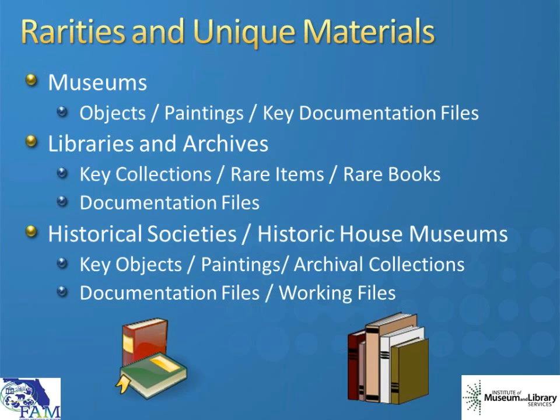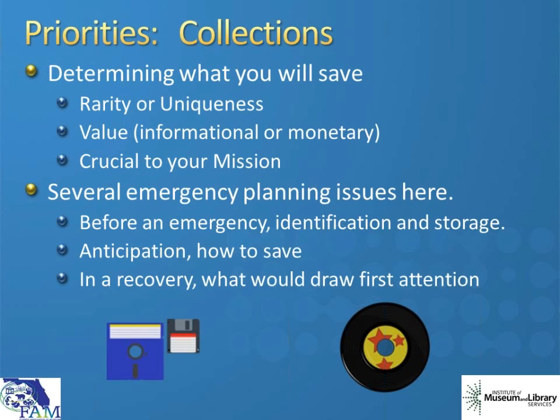And it goes without saying that before the fact you should have gone through your museum and objects and documented them. Fortunately, today with your smartphones and your cameras, you can do that on a very quick basis, and you can have the equipment to save them.